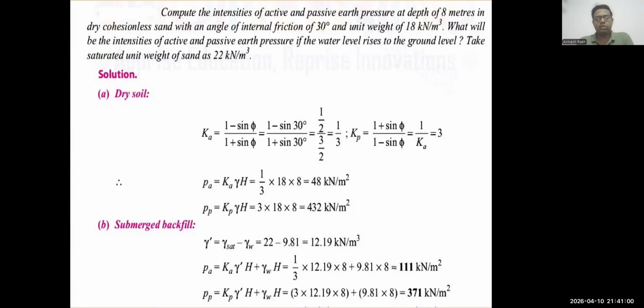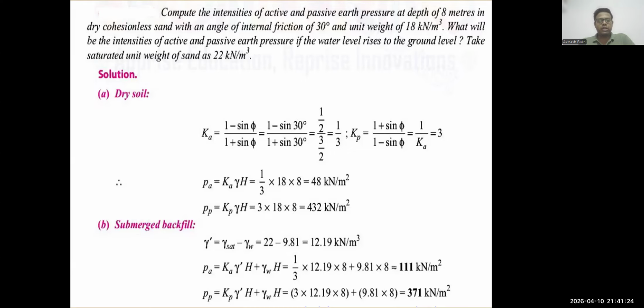Sin 30 is 1 by 2, so 1 minus 1 by 2, and below that 1 plus 1 by 2. We get the ratio as 1 by 3, so Ka is 1 by 3. Whereas Kp, the coefficient of passive earth pressure, is the inverse of Ka, so it is 3. You can easily calculate with the formula (1 plus sin phi) upon (1 minus sin phi), which equals 1 by Ka, which equals 3.